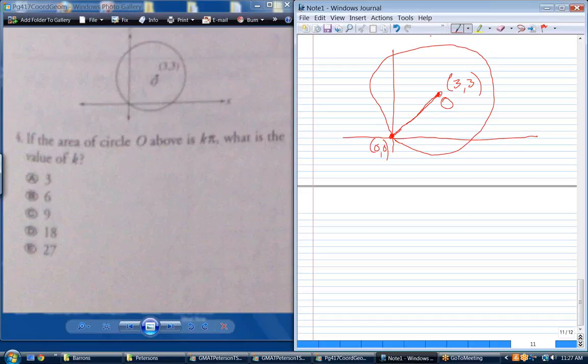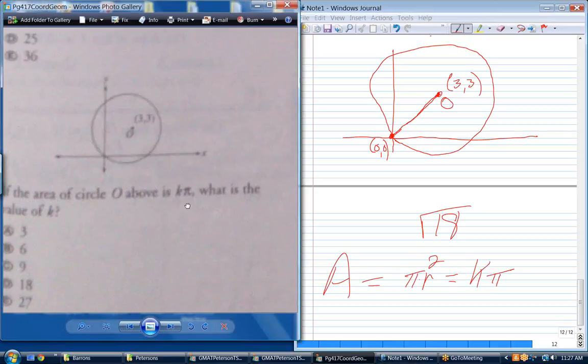But they're squared, they're both 9, so it's 18. So that's the radius squared. The area of the circle is pi r squared, which they've told us is k pi. So k is 18.